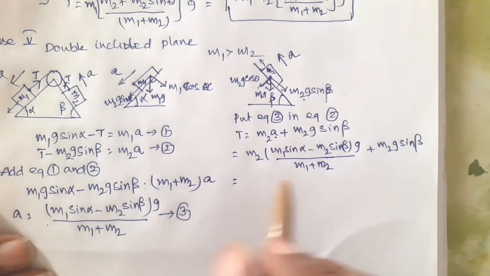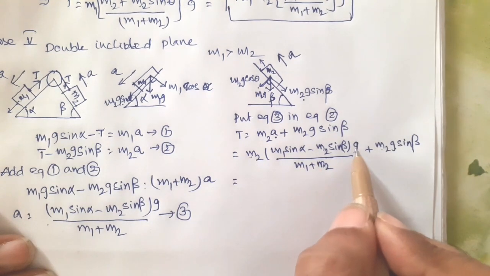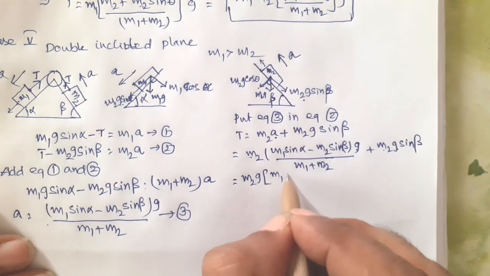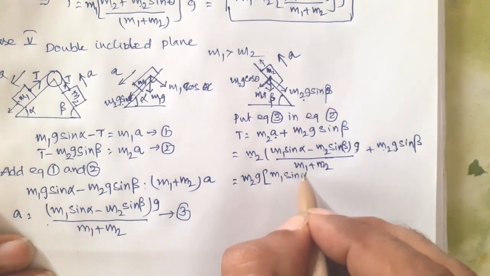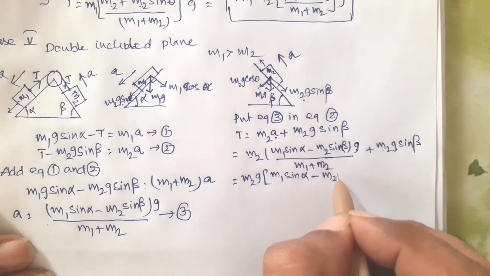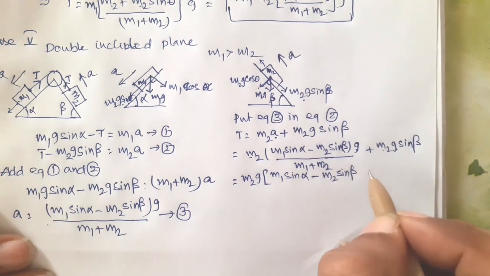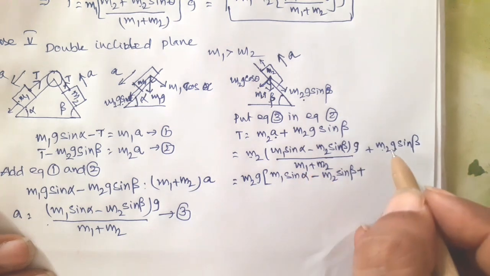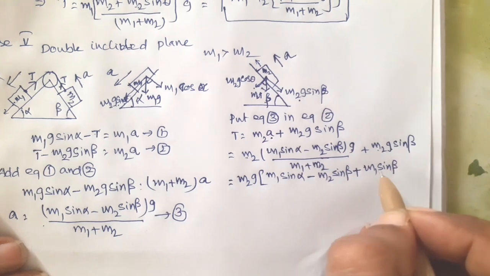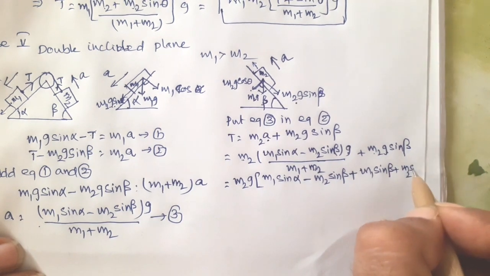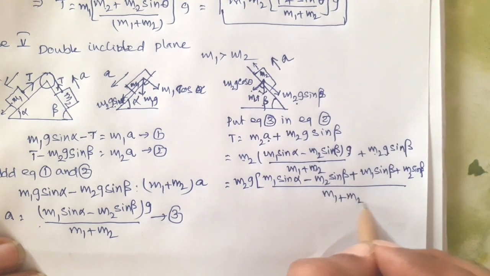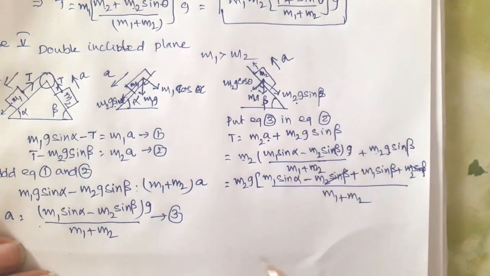This is equal to, m2g is common on both sides. Therefore, m2g into (m1 sin alpha minus m2 sin beta plus m1 sin beta plus m2 sin beta) by (m1 + m2). m2 sin beta gets cancelled.